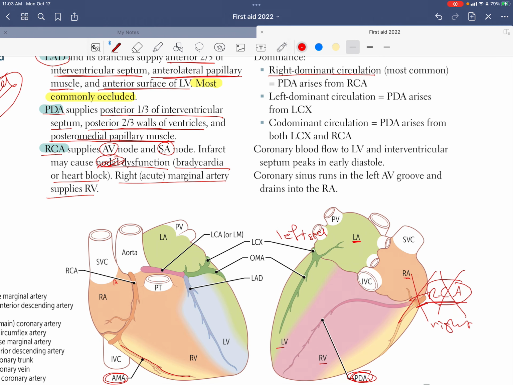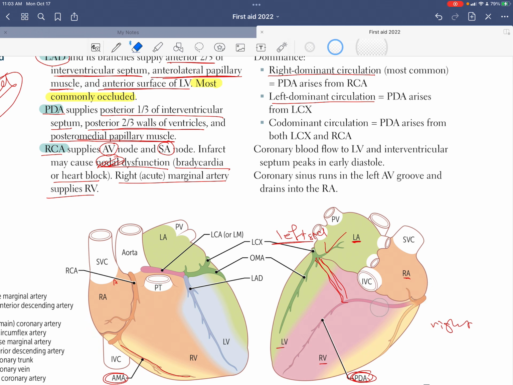While if this PDA does not come from the RCA, and instead it comes from the left circumflex artery, this green artery, so not from the right coronary artery, this is the left side. So this is considered a left dominant circulation, where the PDA comes off the left circumflex artery.